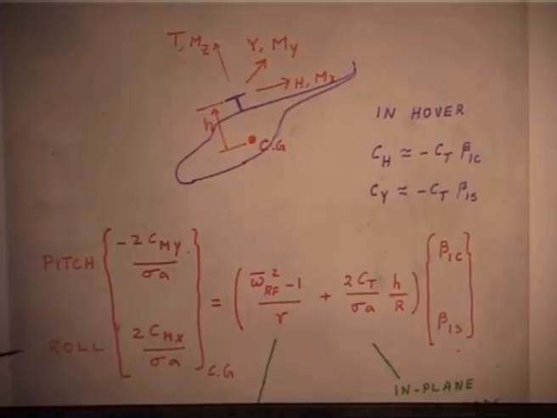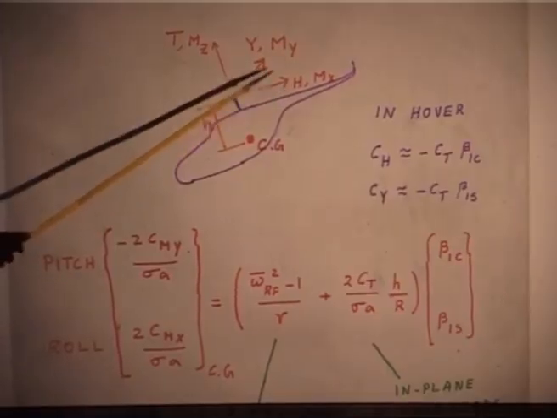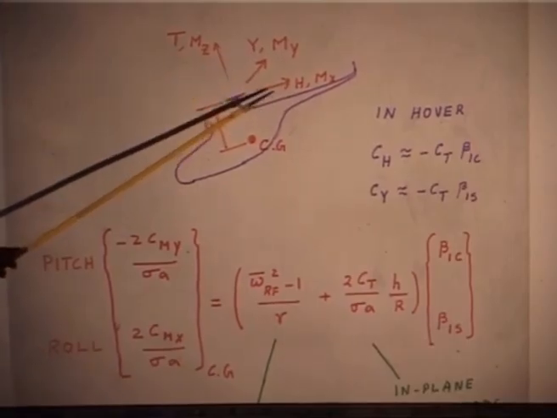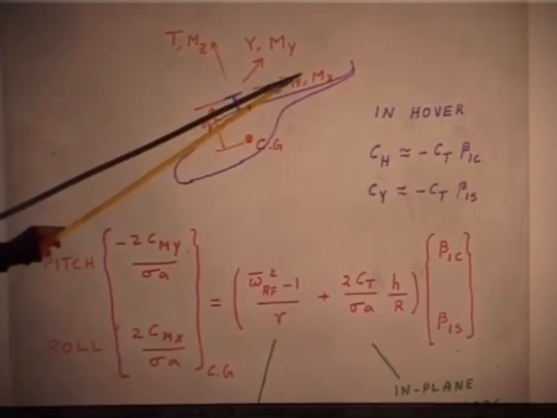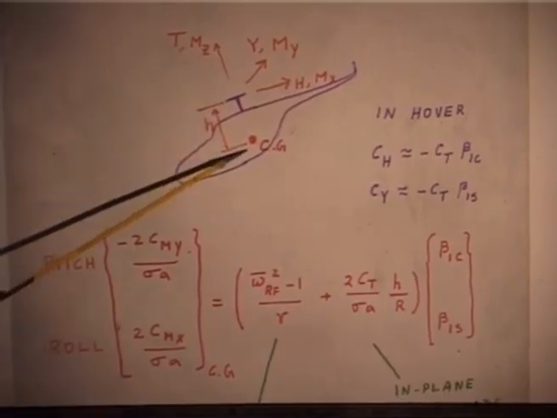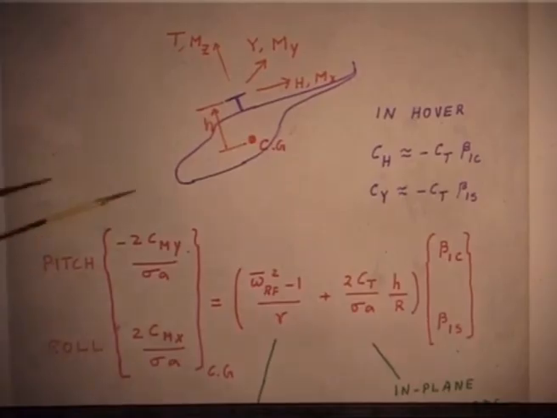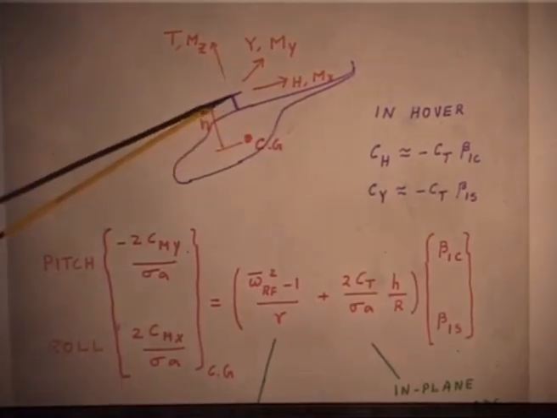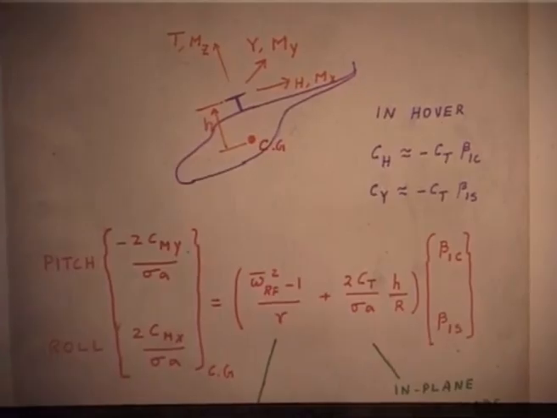But what will give me moment is the H and the Y, the longitudinal force and side force. Side force capital H into this height will give me a pitching moment. Similarly, the Y force onto this height will give me a roll moment. So, at the fuselage CG, I generate moment due to two sources, one direct moment, another due to the forces.